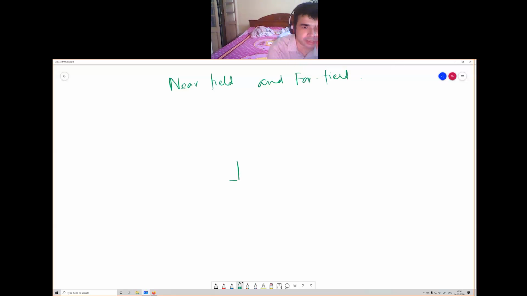If this is my antenna, the volume closest to the antenna is called the reactive near field.